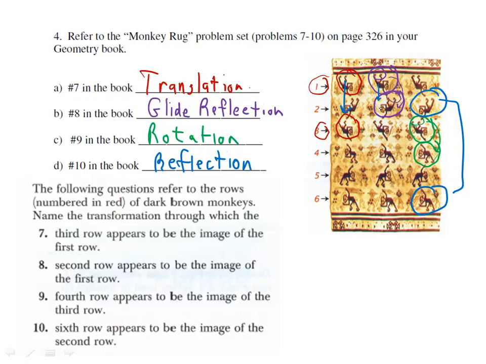So it slid down and then it reflected across another line, and that's what it would look like. All right, and the rotation looks like a circular motion. You can see the feet following behind like this, and then of course the reflection is a mirror image. All right, so hopefully that will be enough to help you identify those things.